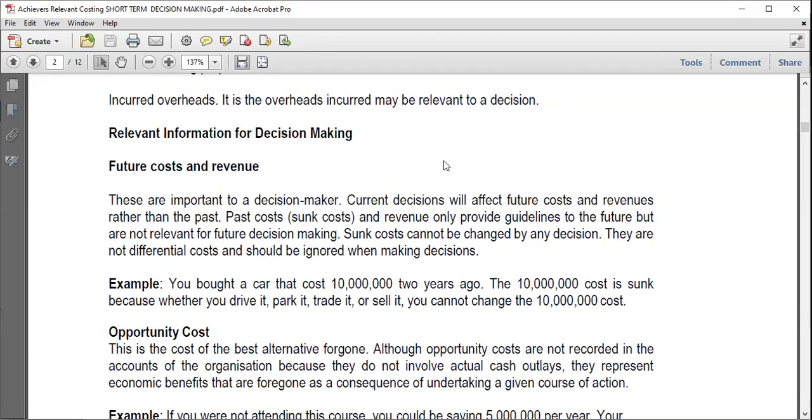Okay. So we now get to relevant information for decision making. One of the things that you have to understand, especially with this topic, is that the examiner will bring you a question and give you a scenario. The scenario could be, for example, a special order, say from the government during this time of the lockdown.